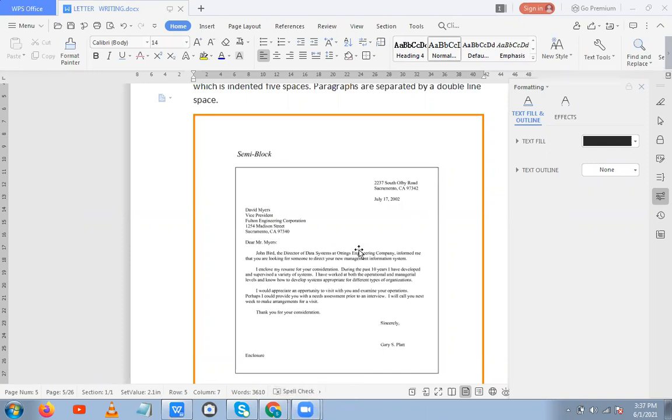This is another example of a semi-block. The date on the right, the signature on the right, starting on the left, Dear Sir on the left, but the paragraph starting indented.